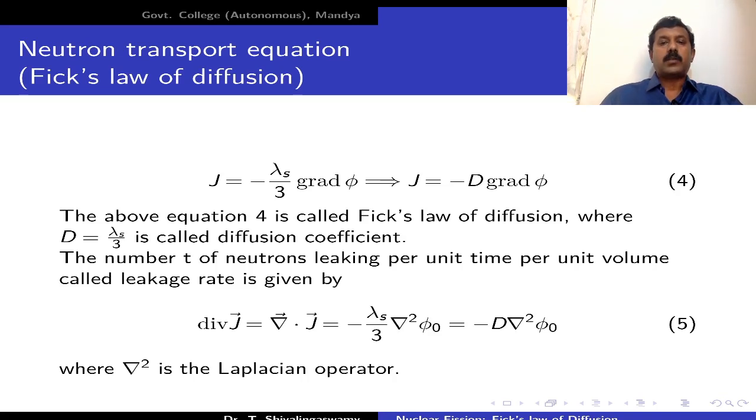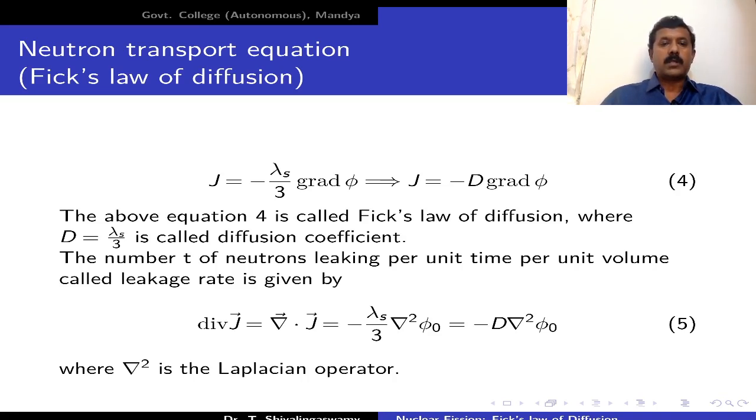This is what is called Fick's law of diffusion, or it is also called the neutron transport equation. This equation plays a very significant role in understanding the mechanism by which the neutron gets diffused in the core of the reactor. It also plays a very important role in estimating the leakage probability.